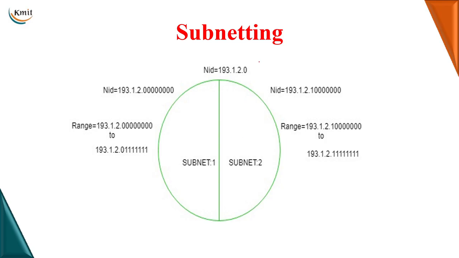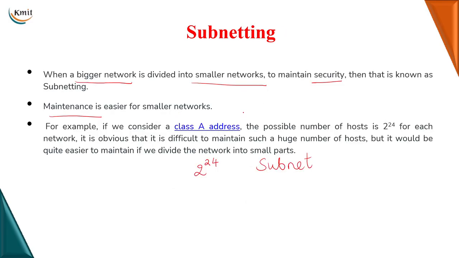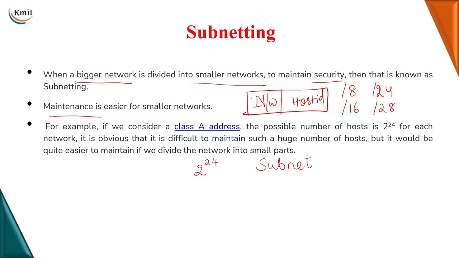Before telling you about subnetting, let me remind you that an IP address consists of two parts, the network ID and the host ID. And let me remind you of the subnet masks or the prefix, which could be /8, /16, /24, /28, for example. /8 means that 8 bits are used for the network ID and the remaining 24 bits are used for host ID.